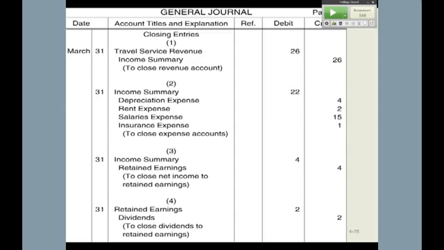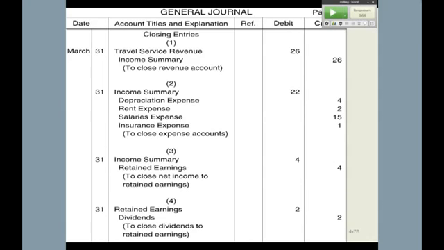So right now, if I prepared, we'll see this in a moment, a post-closing trial balance, meaning that if I went now to my ledger, what accounts am I going to find? Only balance sheet accounts. We'll see a little bit of this in the next module. In fact, it's very quick.